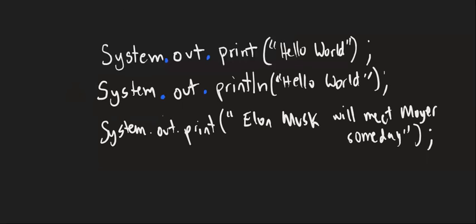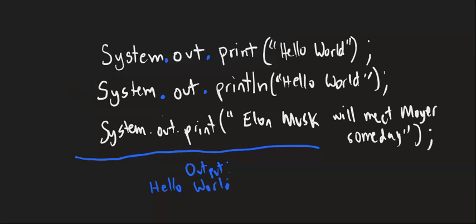And then your output would be the following. I'm going to write the output out neatly. First, you would have hello world. Then you would have hello world right next to it.